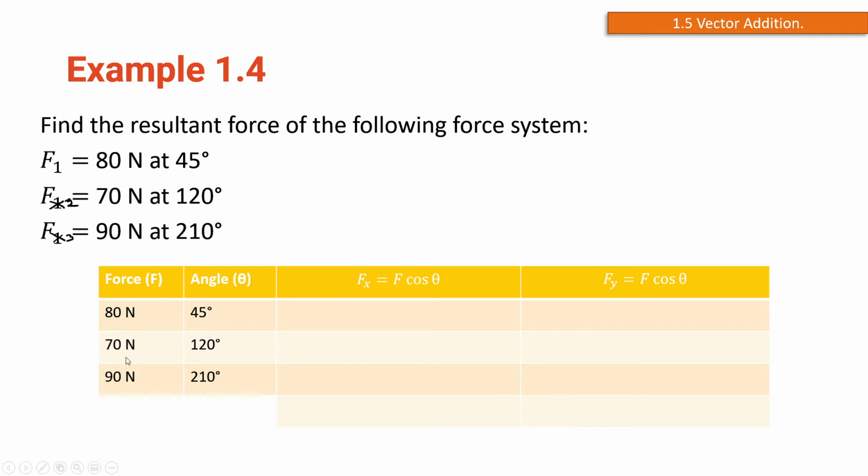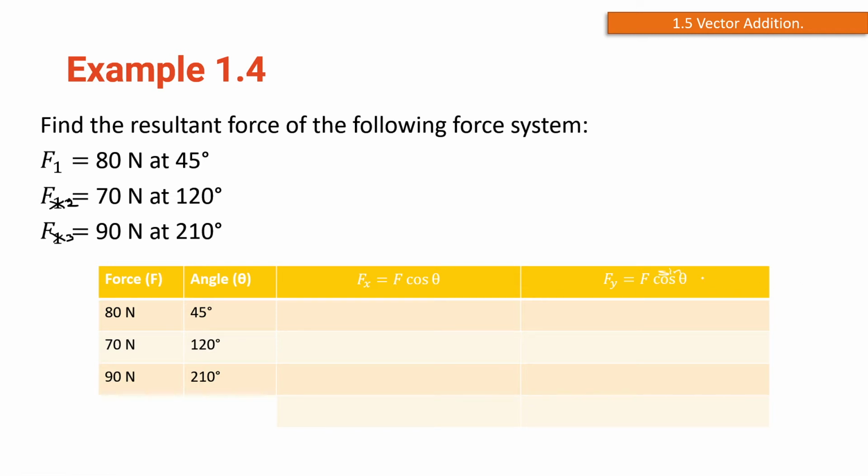We have the forces and the angles, and we need to calculate the x component of each force and the y component of each force. In order to do that, you need to multiply the force times the cosine of the angle. And for the y component, it should be times the sine of the angle, right?